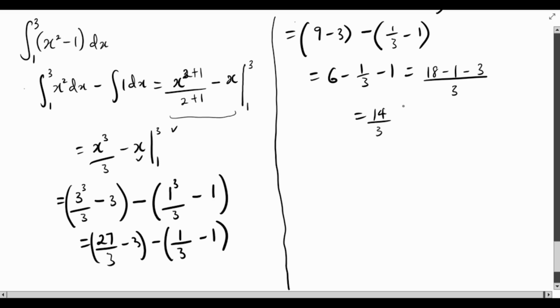Is that correct? Yeah, 14 divided by 3, or 4 whole number, 2 over 3. Is that also correct? Yeah. So this is our final answer. Are we correct? I think we are. Let me check.